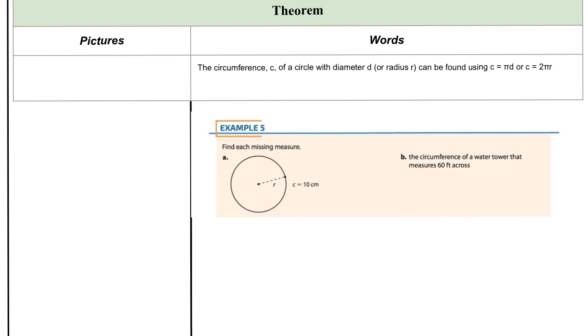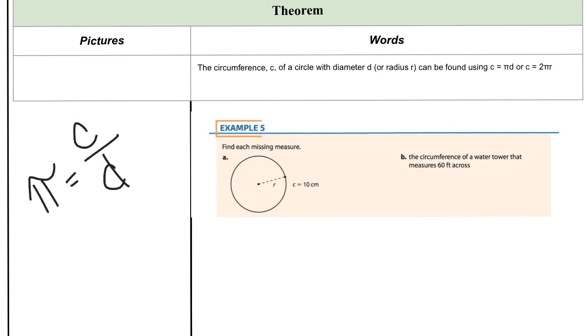You have been given these formulas before, and you know that the circumference is pi times the diameter, because pi is equal to circumference divided by diameter. I'm going to read you a fun book when it comes to Pi Day that helps us explore this. So look at A, find each missing measure.